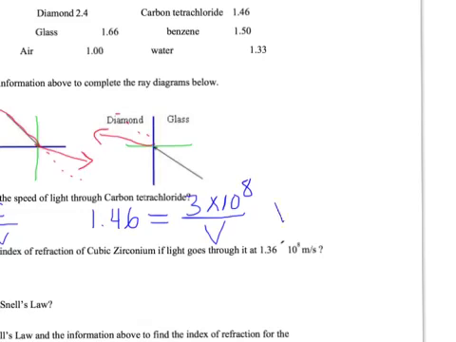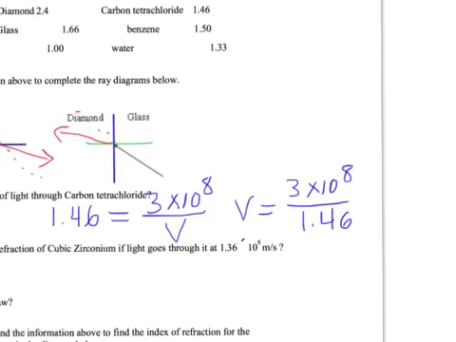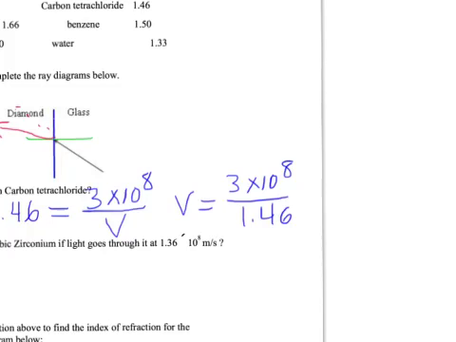I'm going to say V equals 3 times 10 to the 8th divided by 1.46, and that, it turns out, equals, let's see, come on calculator, V in this case equals 2.05.